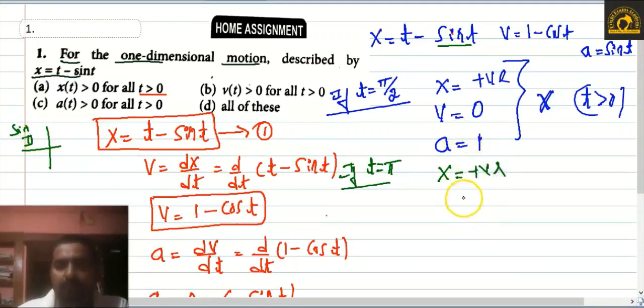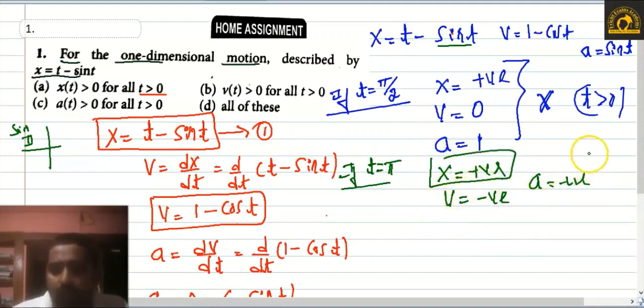Positive. Then what about the velocity? Velocity is a negative value. Acceleration is also negative. So that means displacement is positive.